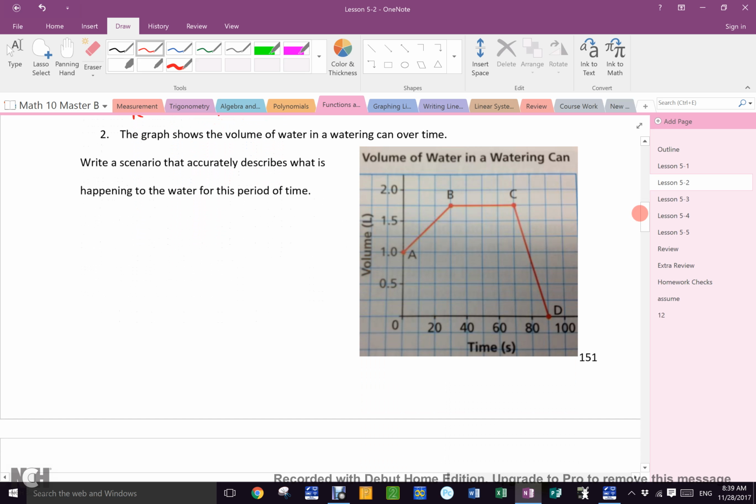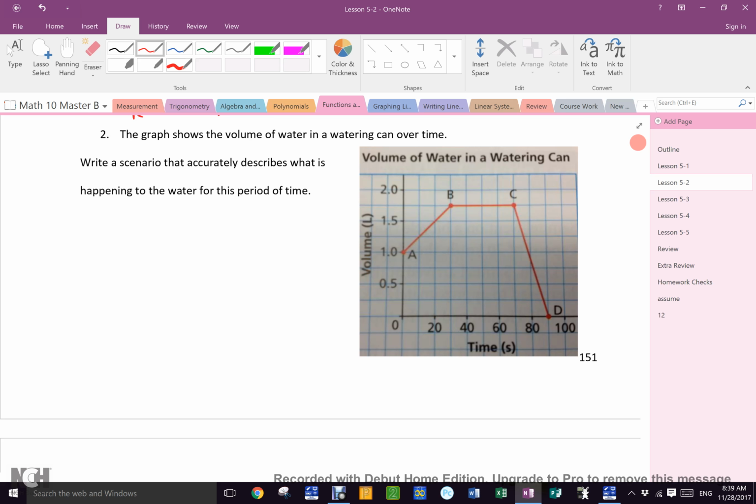Okay. Now, look at number 2. Number 2 is slightly different. Does the graph tell me anything about what happened? Water went in and then water went out. Does the graph tell me that? Kind of.